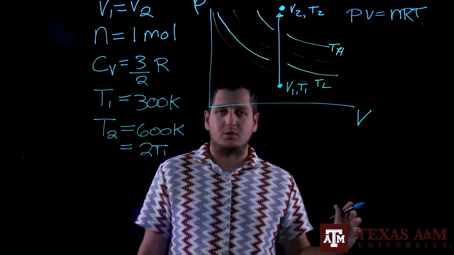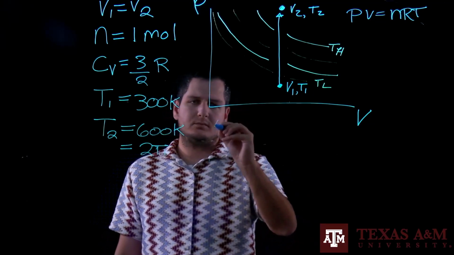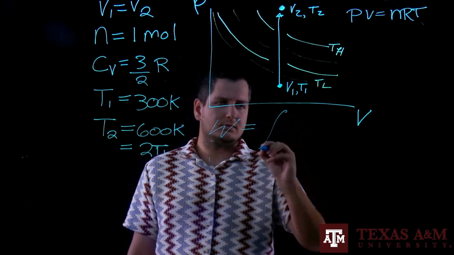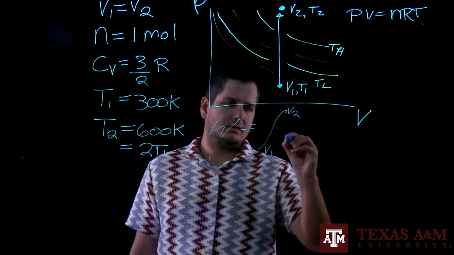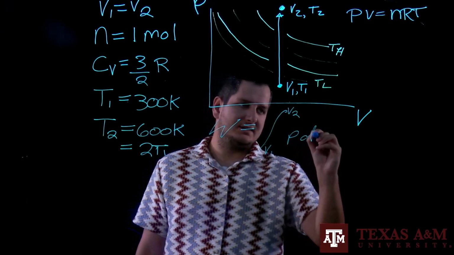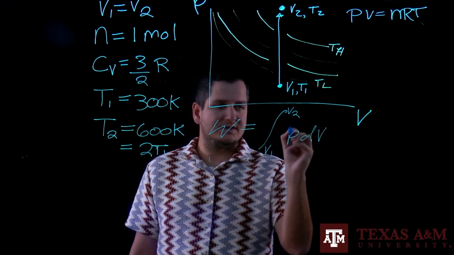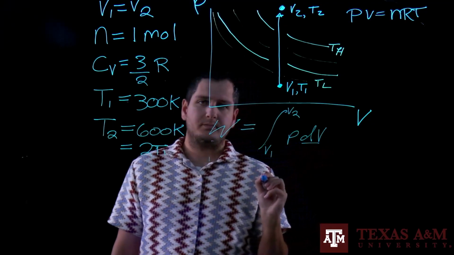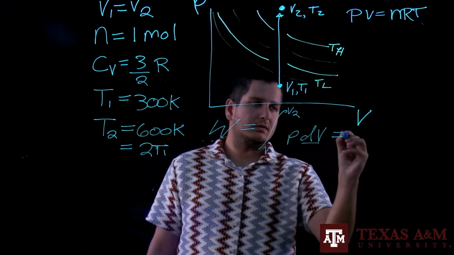One of the questions was work. That's something we can answer pretty quickly. Work is equal to P dV. Work is equal to the integral from V1 to V2 of pressure with respect to volume, okay? The area basically under the PV curve.